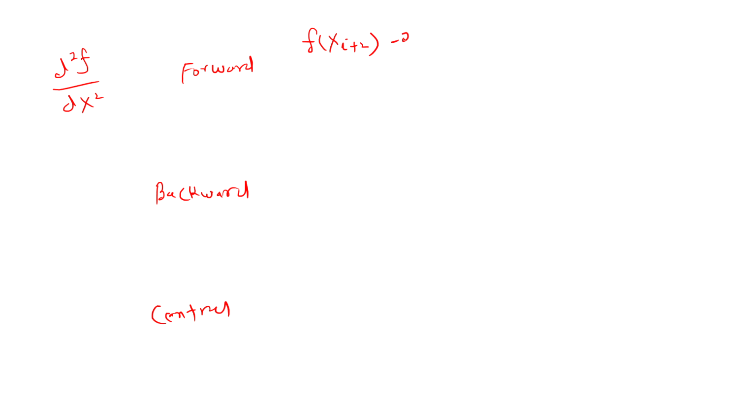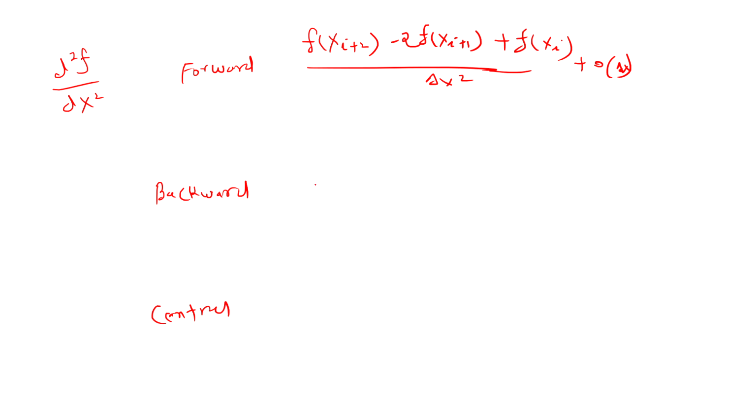Now if I summarize, I am writing d2f over dx square: forward difference, then backward difference, then central difference. The forward difference formula says f of xi plus 2 minus 2 f of xi plus 1 plus f of xi divided by delta x square, and the error will be of order delta x.